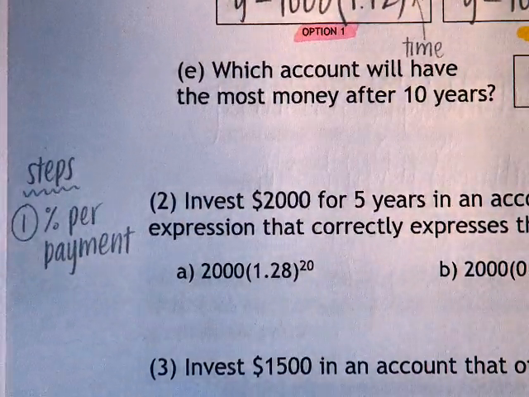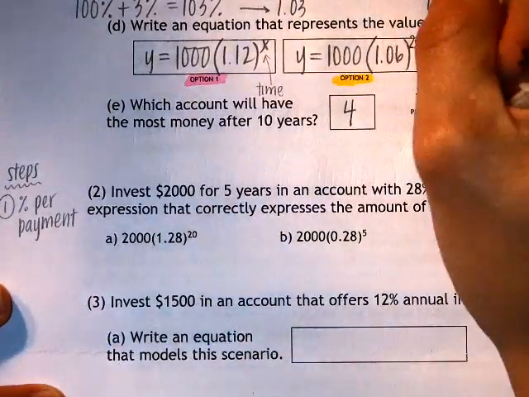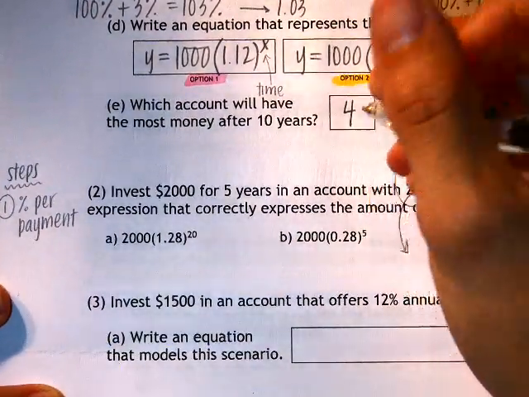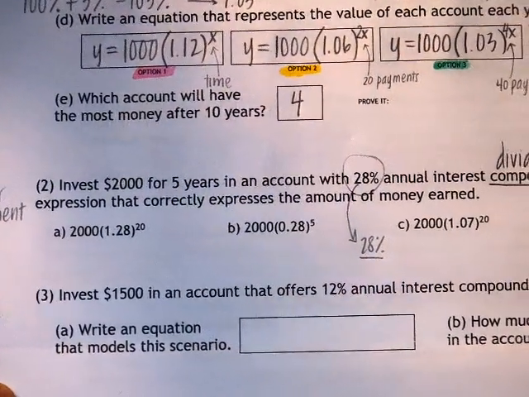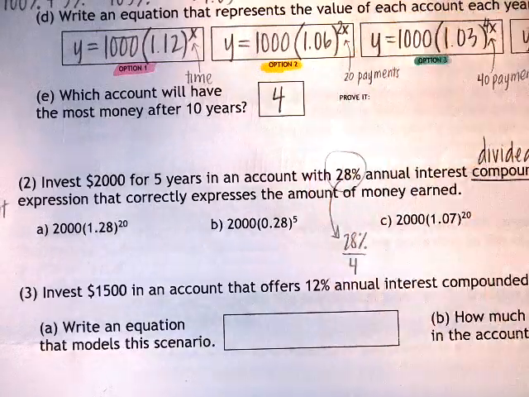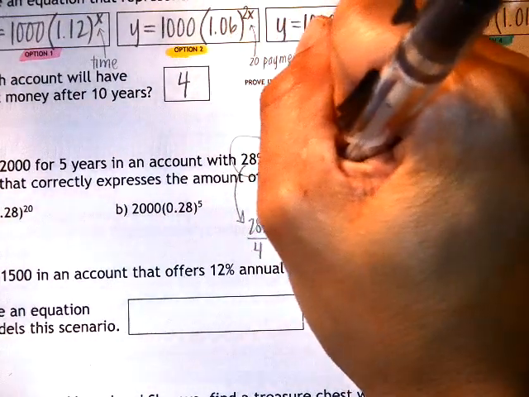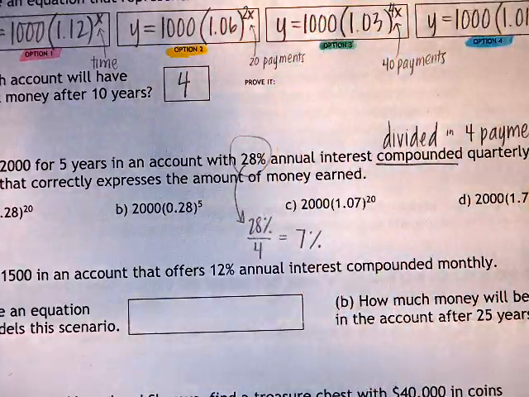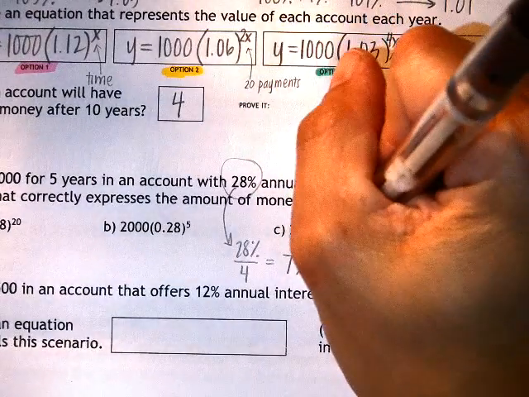So for this first step, I have 28%, so that's my percentage, and it's going to get divided into 4 payments, because that's what quarterly means, 4 payments. So 28% divided by 4 is 7%. That means I'm getting 7% per payment.